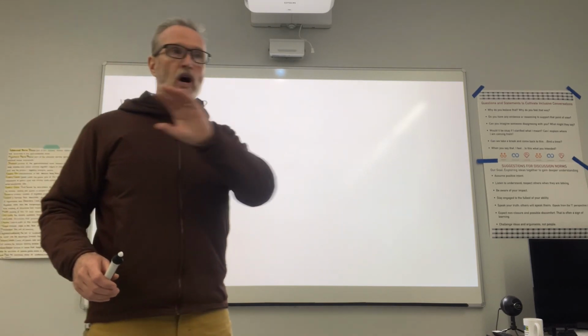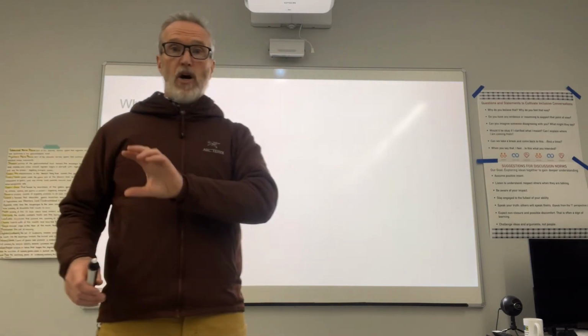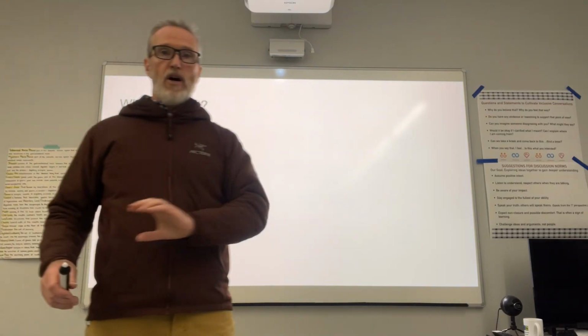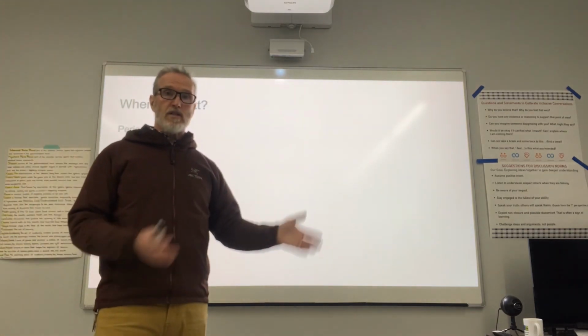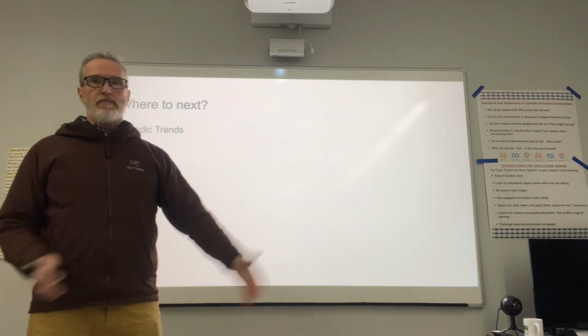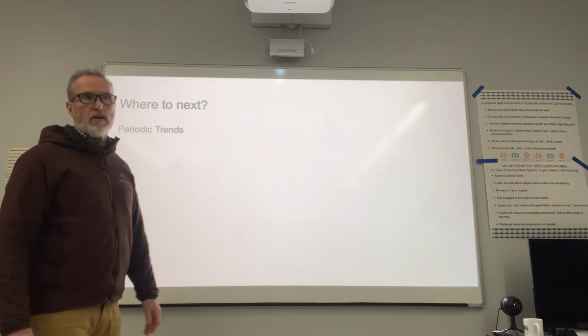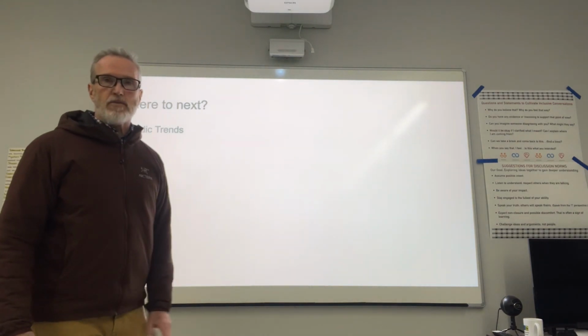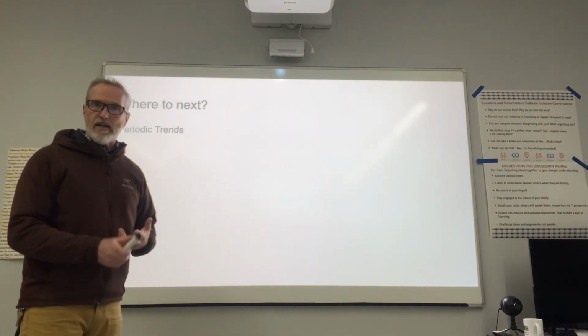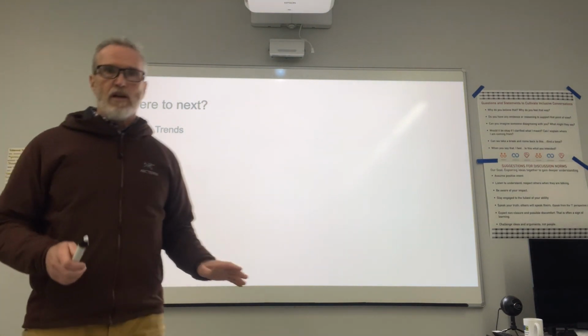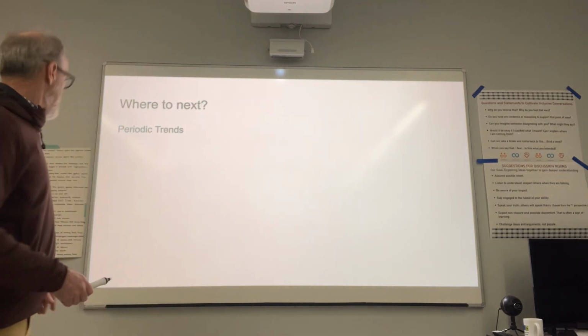So small to big, back to small to big, back to small to big. So there's a recurrence, a periodic change or growth or fluctuation in some sort of a property, size and different properties and things like that. So we'll talk about those one at a time.